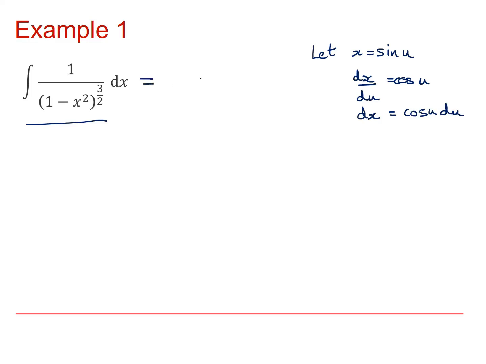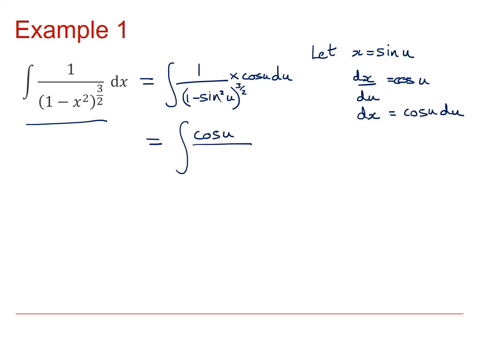Plug those in. I'm going to get the integral of 1 over 1 minus sine squared u to the power 3 over 2 times cos u du. So on the top I'm going to get cos u, and on the bottom 1 minus sine squared is cos squared.